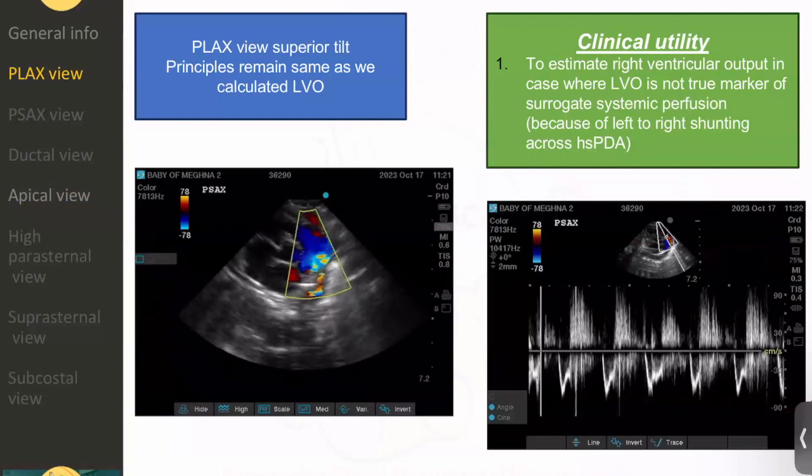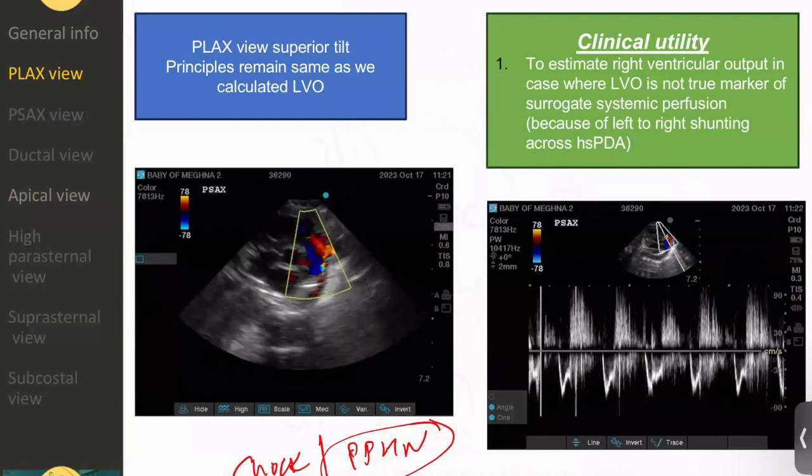So people, you want to assess the right ventricular output. Why? Because sometimes in cases of shock or PPHN, you want to assess separately how much the RV is pumping. So for RV output, what do you need? You need diameter, you need flow.